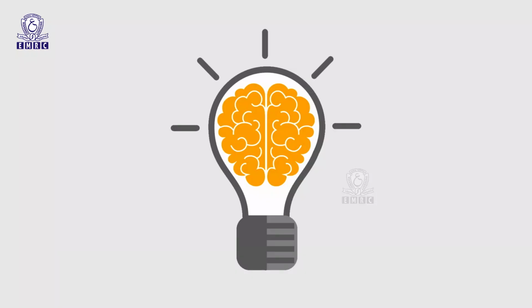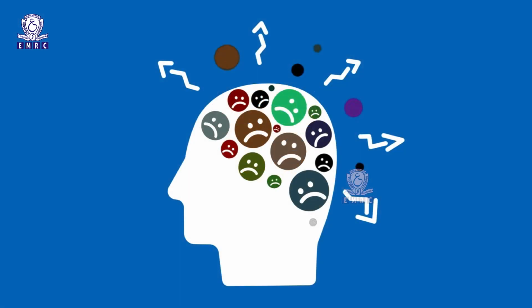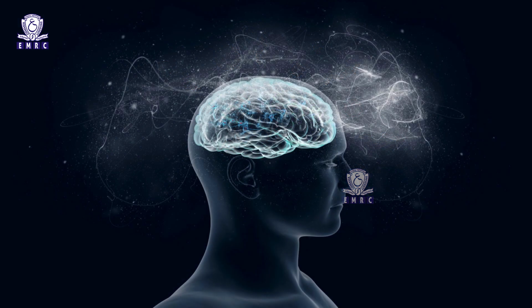So, the reasoning process often takes place subconsciously and within seconds, but sometimes we have to put in conscious effort to reach a conclusion when we are challenged with tough situations or questions.